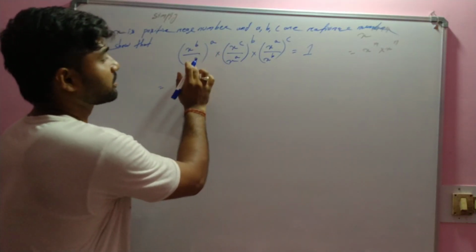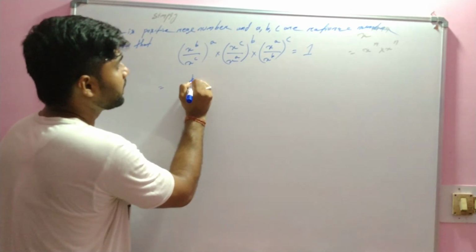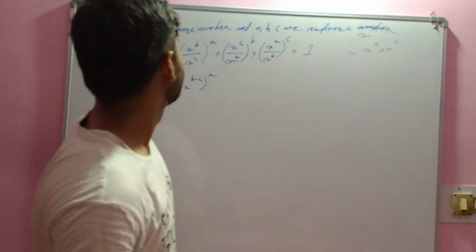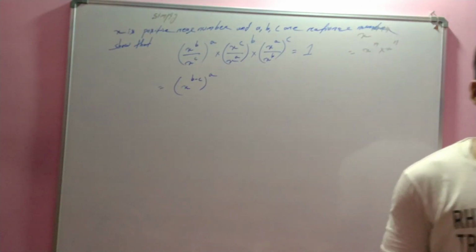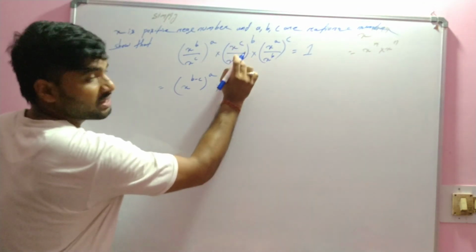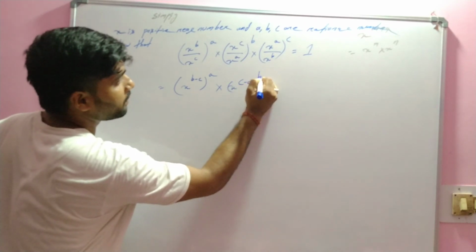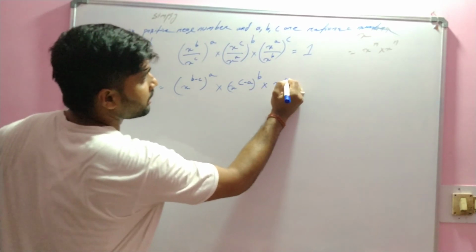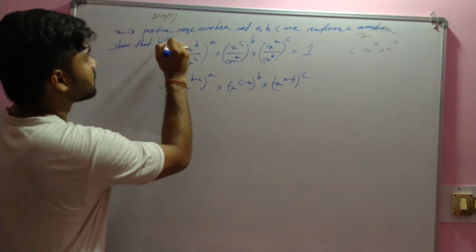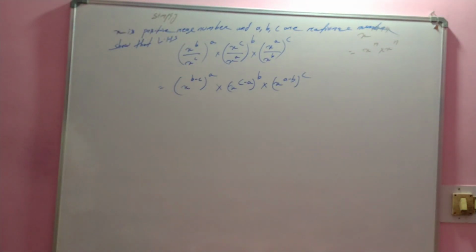Here there is subtraction, same base with different power, so it may be written as x to the power b minus c. Into, look at here, same base with a different power, (x to the power c minus a) whole to the power b into (x to the power a minus b) whole to the power c. Take this one as the LHS. Finished?